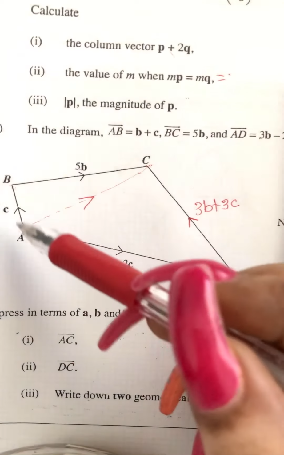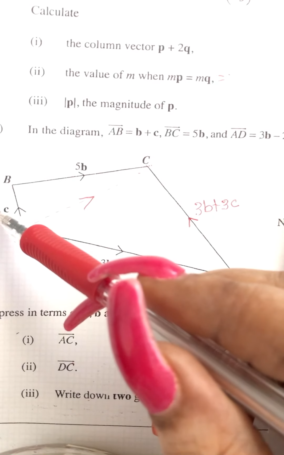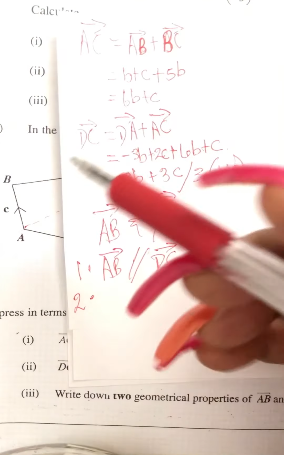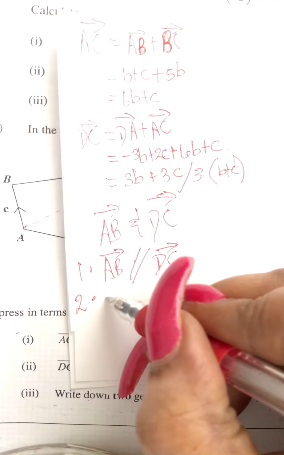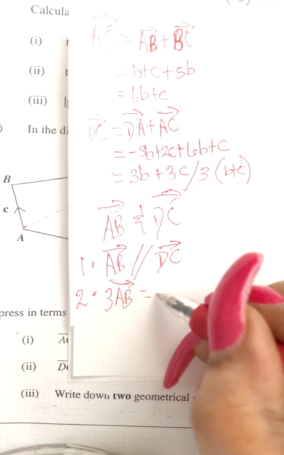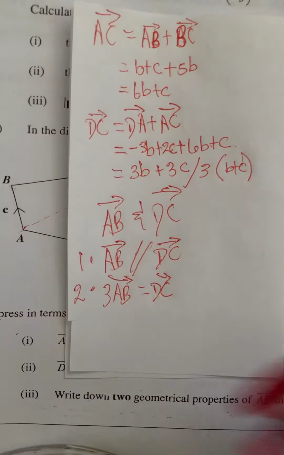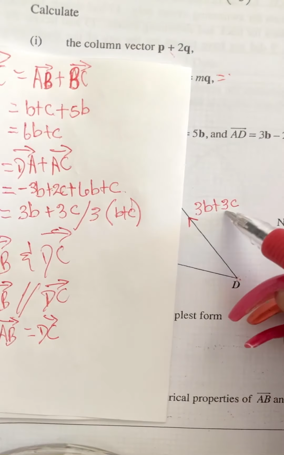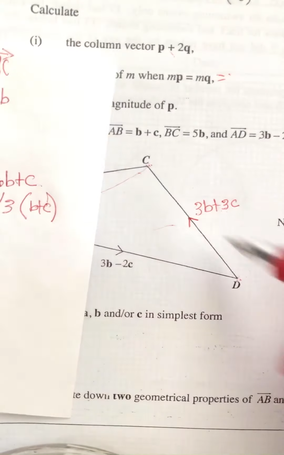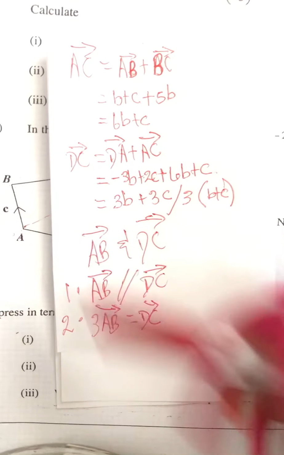So AB has to be multiplied by 3 to give me DC. So I can either write 3AB is equal to DC, or I write it the other way: 1/3 of DC is equal to AB.